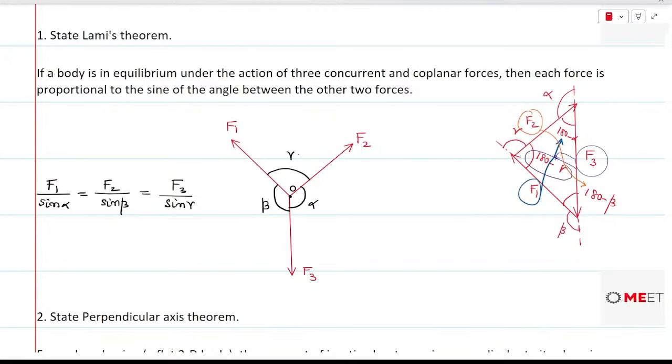So even if you try to apply the same, you will be getting the answer as F1 by sine of 180 minus alpha, which is once again sine alpha, F2 by sine of 180 minus beta, which is once again sine beta, and F3 by sine of 180 minus gamma, which is sine gamma. So this is Lami's theorem, very important whenever we are dealing with three coplanar concurrent forces.